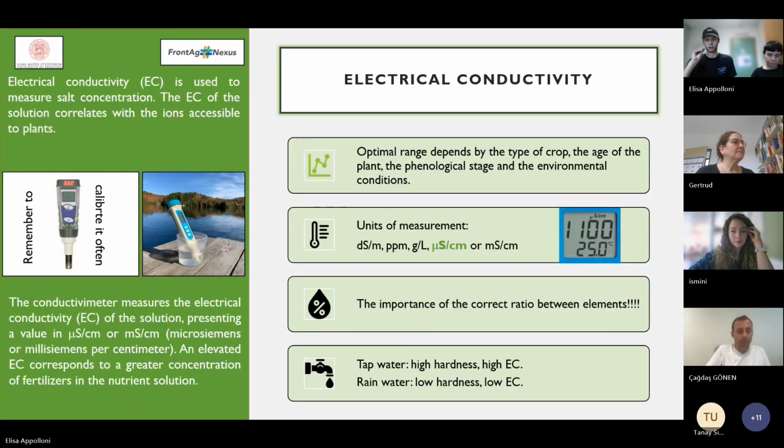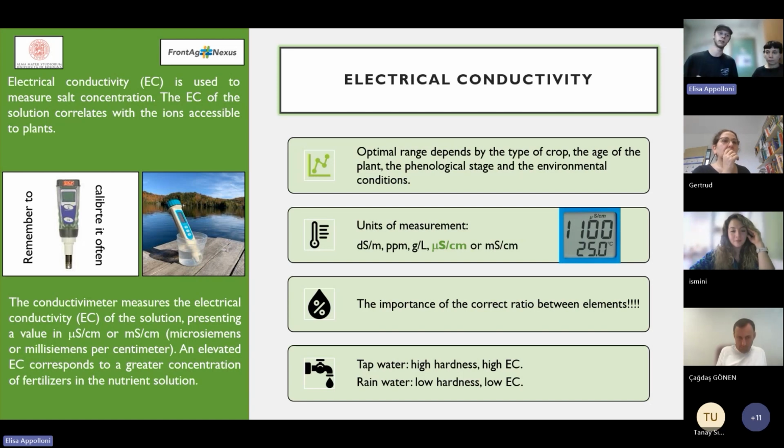Okay. So we have just seen that the nutrients are present in ion form, and so now let me talk about electrical conductivity. The electrical conductivity is used to measure the salt concentration inside our nutrient solution, so the amount of nutrients that there is in our nutrient solution. To measure it, we use this instrument that you can see on the left, which is a conductivity meter.